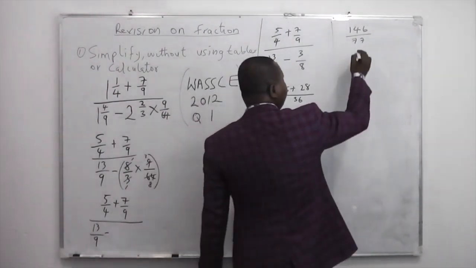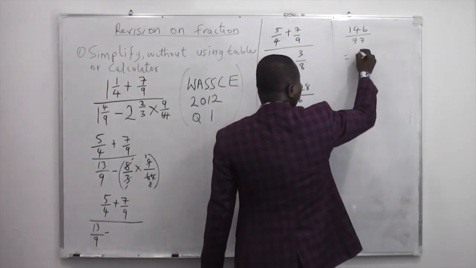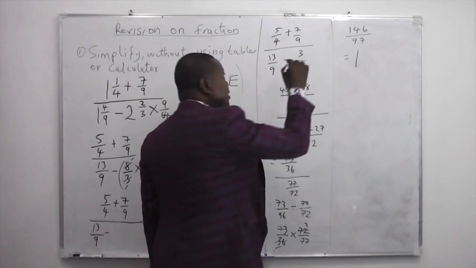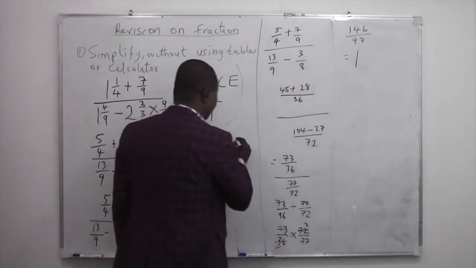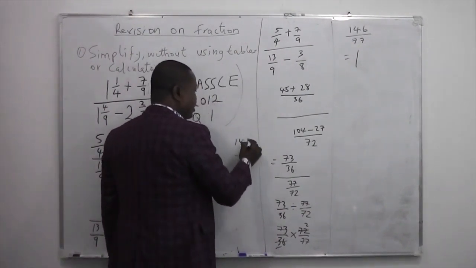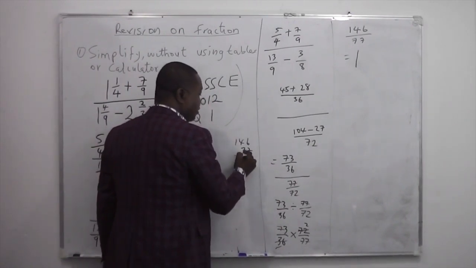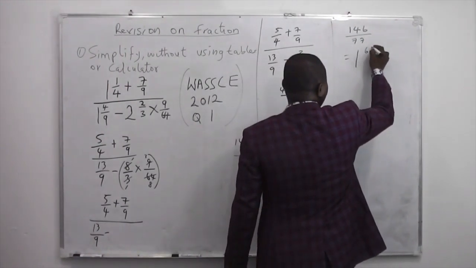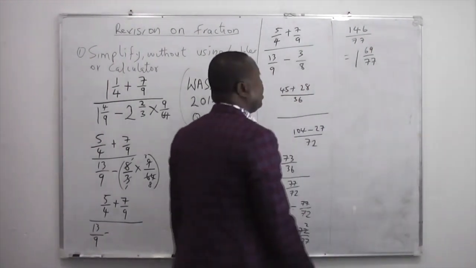How many times can 77 enter 146? It is going to be once. And what do you do? Subtract that 77 from 146, which will give me 146 minus 77: 16 minus 7 is 9, remain 3 here, 13 minus 7 is 6. So I'm going to have it as 1 and 69 over 77. This is our final answer.